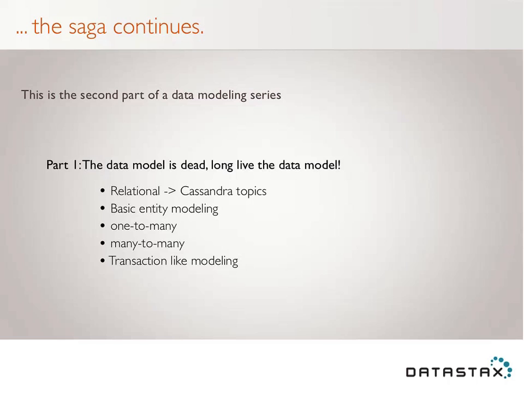We did some basic entity modeling, which is just users and things like that, and covered the relational topics that are pretty hard to conceptualize in Cassandra, like the one-to-many, many-to-many type data models. And we finished off with some pretty complicated transaction type modeling. Cassandra does not do exact transactions, but you can emulate a lot of what you need, but I also argued that you probably don't need as much as you think.